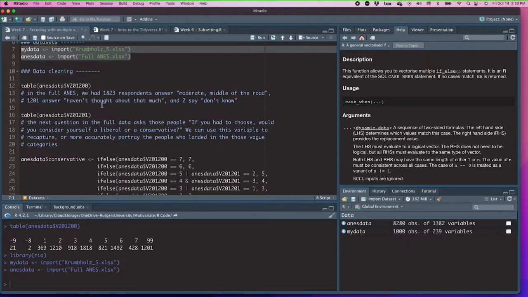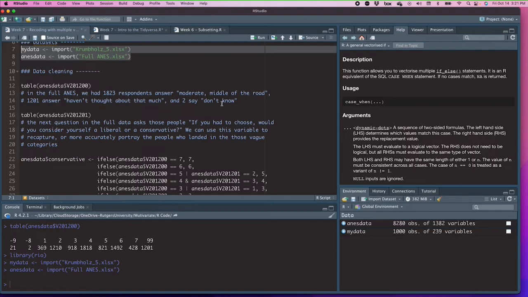So in the full survey, we had a lot of answers that were kind of vague. We have the 1,201 answers where people said they haven't thought about that much, those 99s that we recoded into fours, moderates, last time. And we mentioned an argument could be made to maybe make those NA.